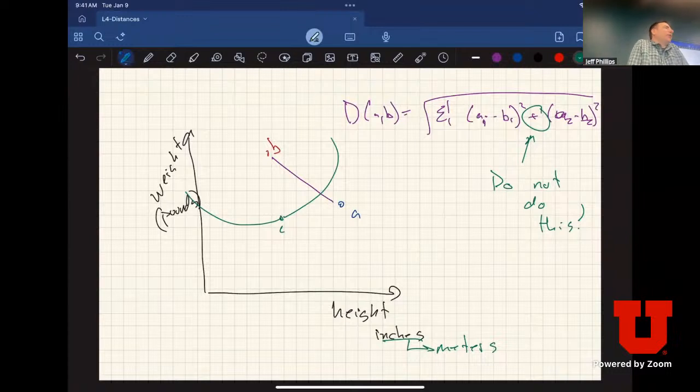So what do you hope to do with it? Yeah, so I have an unlabeled data set where I don't know what the coordinates mean, and I want to run clustering on it. Why would you want to run clustering on that sort of data set? This is a really good question.